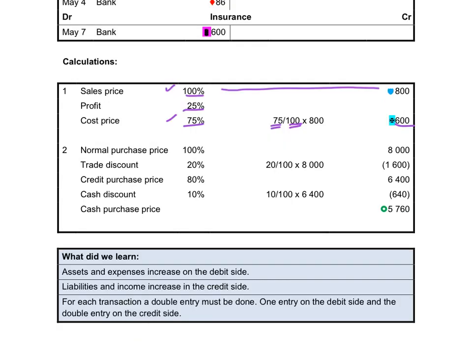The normal sales price is 100%. That equals 8,000 Rand. Trade discount is 20% of that 8,000. So that gives me 1,600. If I subtract it, I see that the credit purchase price is 6,400.